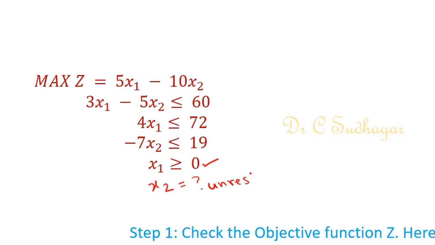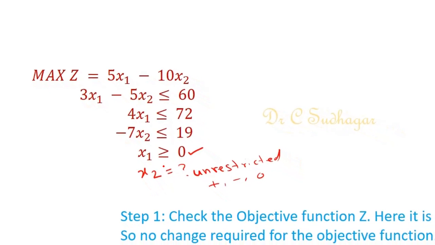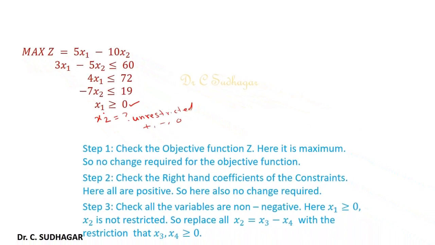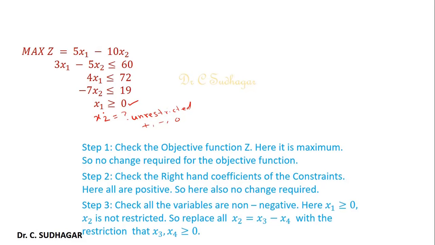Unrestricted means it can be a positive number, a negative number, or even 0. In some questions it is given explicitly that x2 is unrestricted; in some it is left out without any information, so you should understand that x2 is unrestricted. If a variable is unrestricted, first we should convert it into a restricted variable. So how do we convert this?